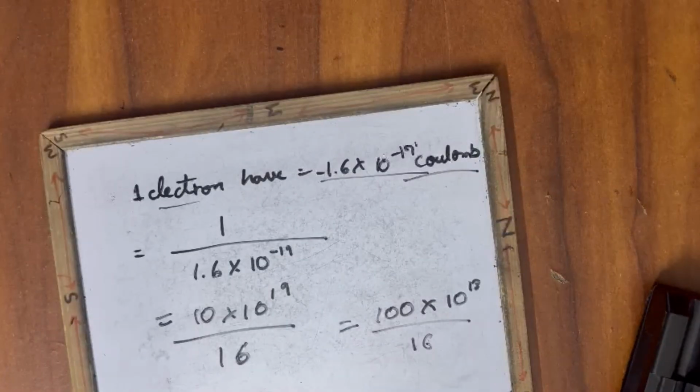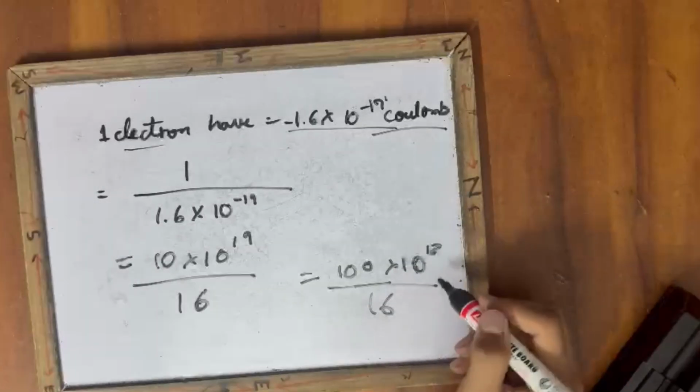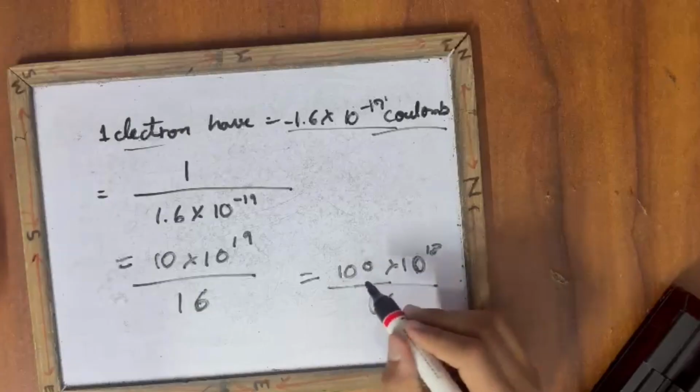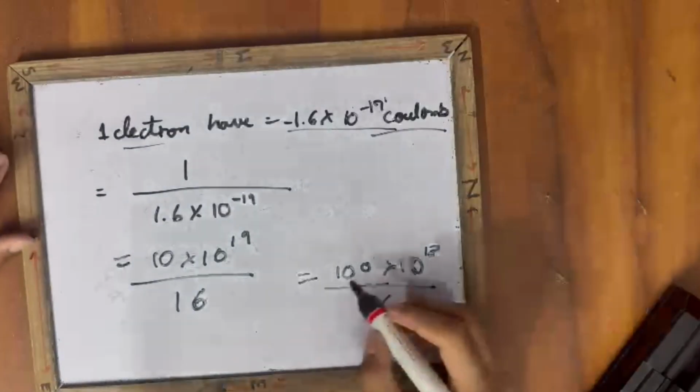Now we will just do the calculations. I don't think I have to tell you which is dividing which, so I will just do the calculation, and you can see it.